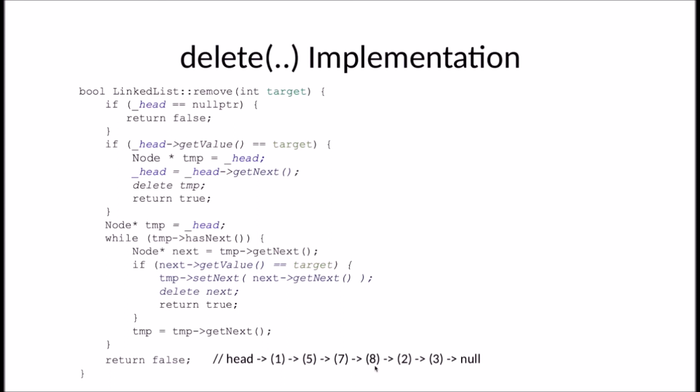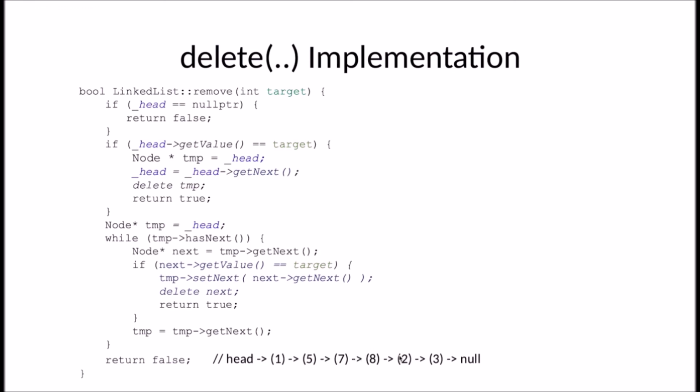I check if the value stored in 8 matches the target 8. Yes, it does. So I enter this block and then I update temp.setNext. For temp 7, I set the pointer to next.getNext. Next is 8, and getNext would give me the address of 2, and I assign it to the next pointer of 7.